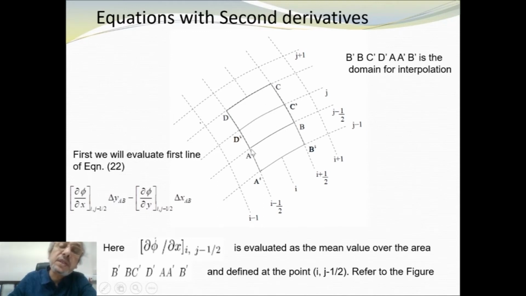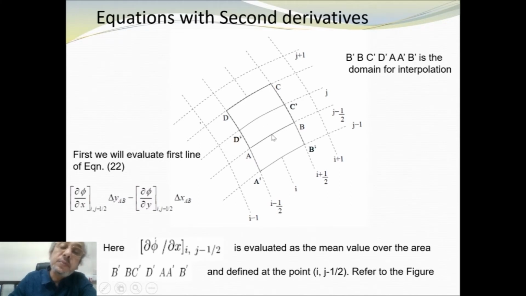The domain of interest is still A, B, C, D, but since we have to find del phi del x or del phi del y at this point, we will calculate the mean value of del phi del x over this domain.